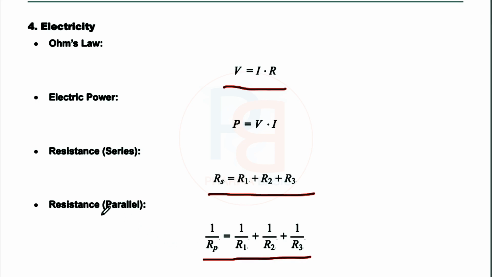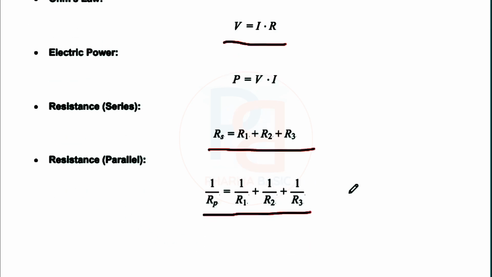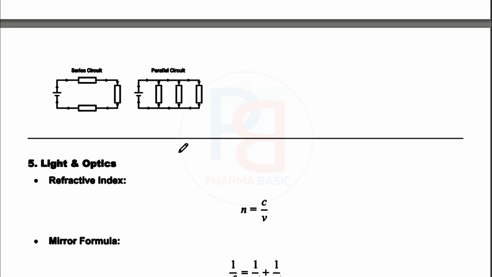This is if we connect in parallel connection. So this is the series connection, 1, 2, 3. So this is the parallel connection, 1, 2, 3.